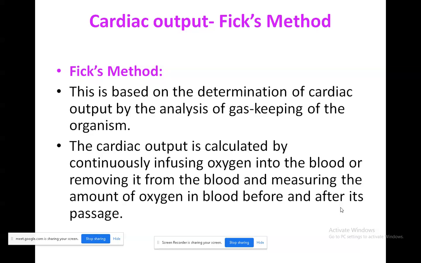So we calculate the cardiac output by injecting oxygen into the blood as well as removing it. The amount of oxygen present in blood before and after sending the oxygen will be measured for calculating the cardiac output.